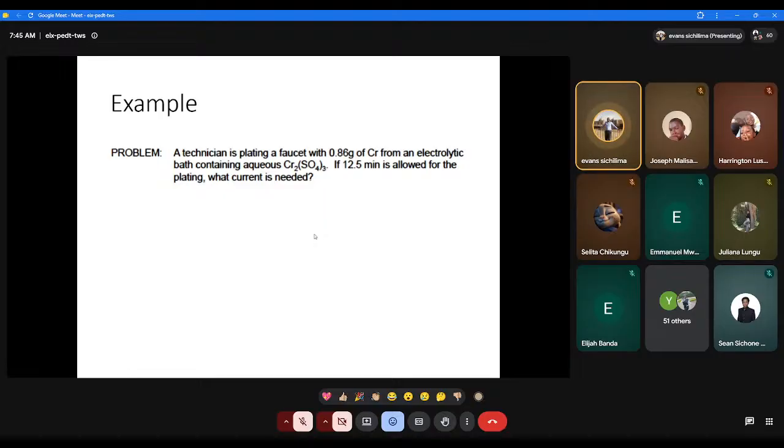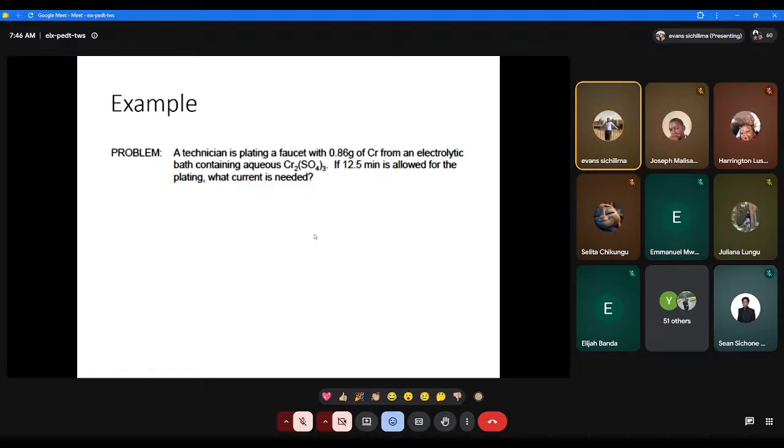So this example is the same as what we've done, except that this time around it is asking for something different. We are used to a situation where we are always told how many grams are going to be produced.